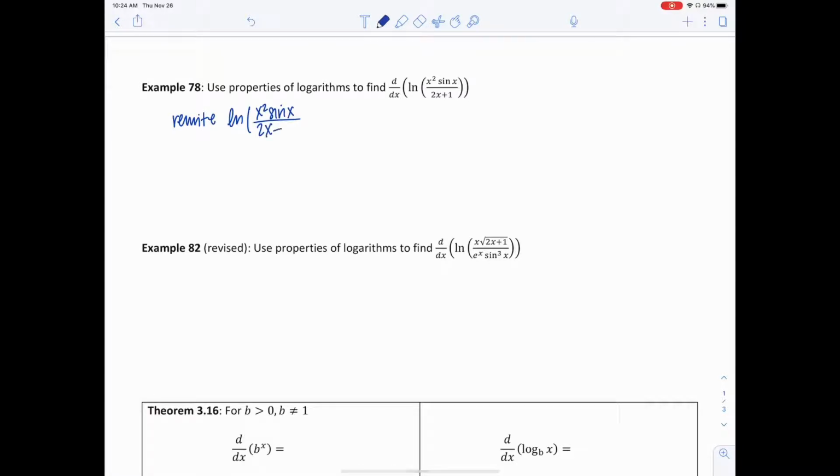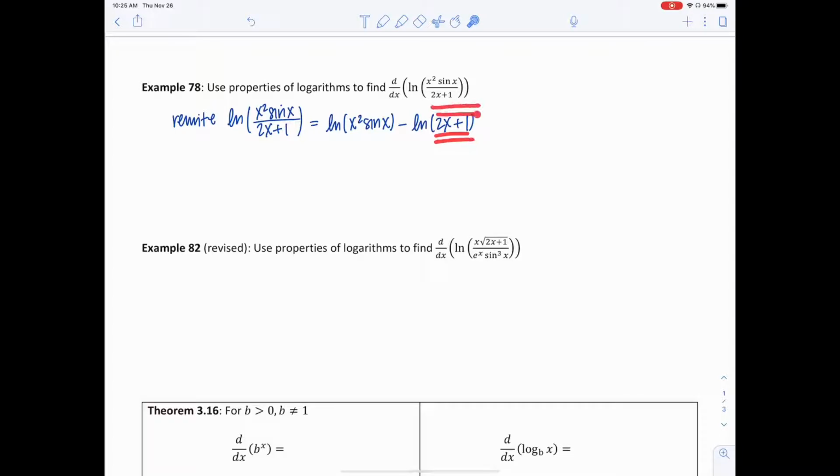Okay, let's use the properties of logs to separate the top from the bottom. Using the quotient property of logs, I can separate this into log of the top minus log of the bottom. Then using the product property, I can separate the x squared and the sine of x. I cannot simplify this any further.